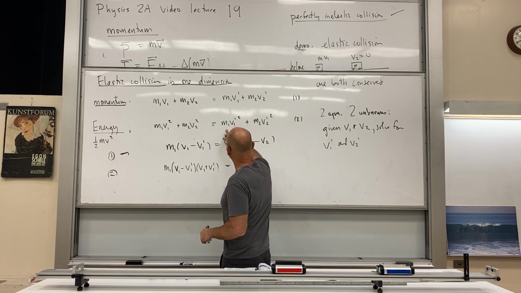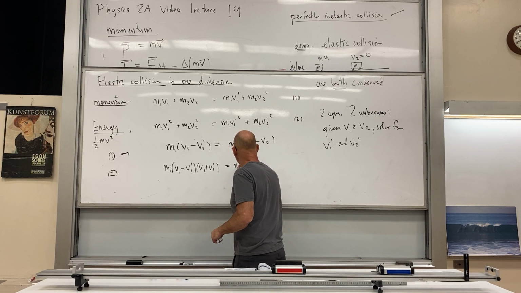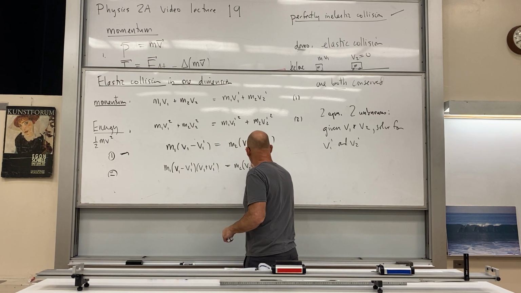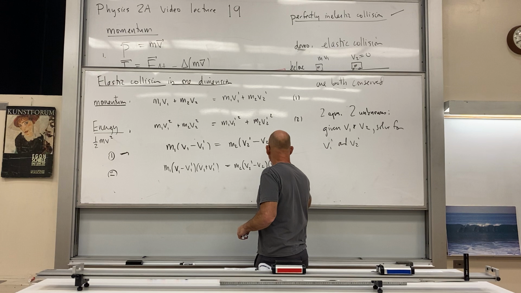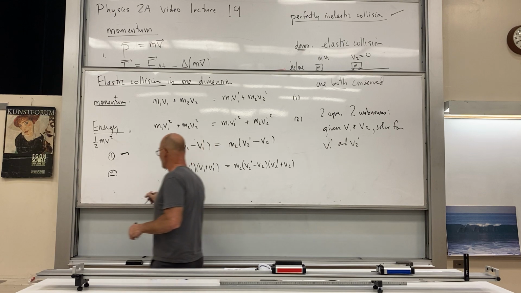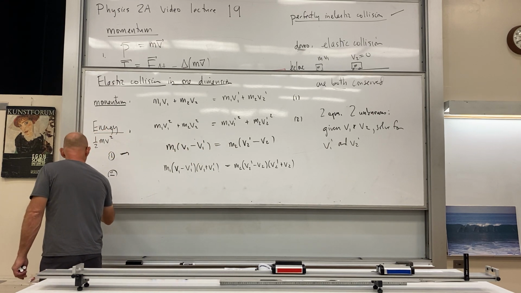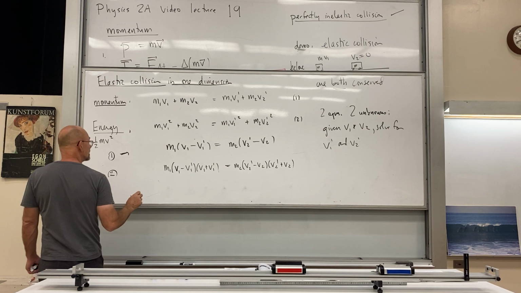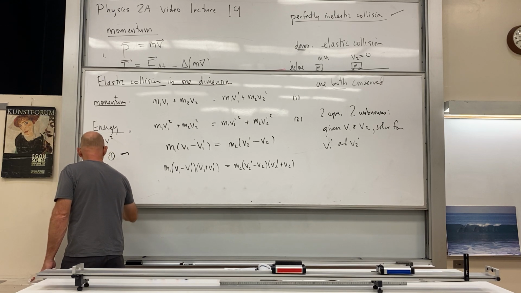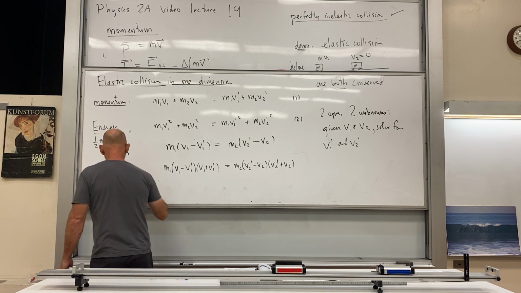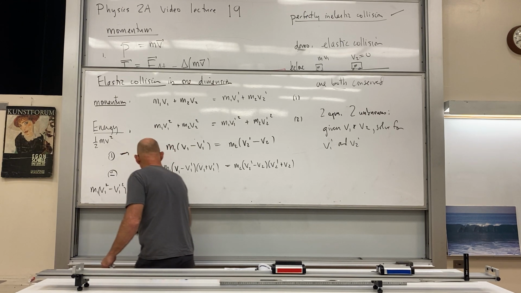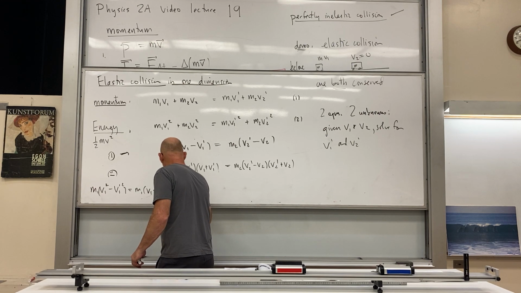Over on the right side, I'm going to take the m2, then I'm going to have v2 prime squared minus v2 squared, so it's (v2 prime minus v2)(v2 prime plus v2). Okay. And here now I'll write down what I did. I had m1 times (v1 squared minus v1 prime squared) equals m1 (v1 minus v1 prime)(v1 plus v1 prime). That's that difference of squares.